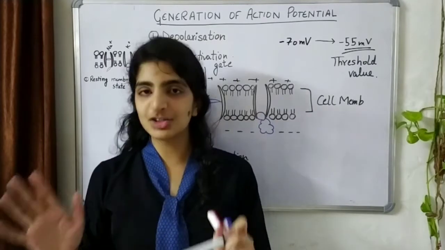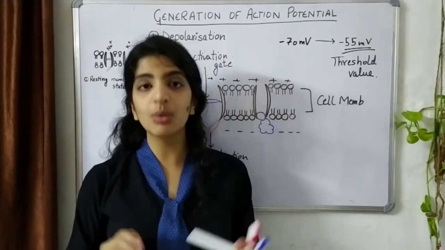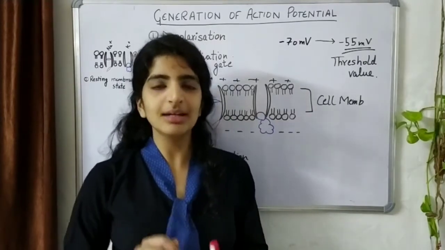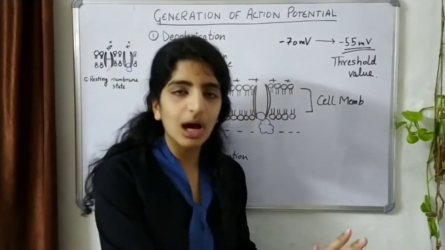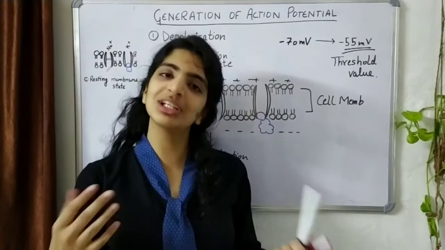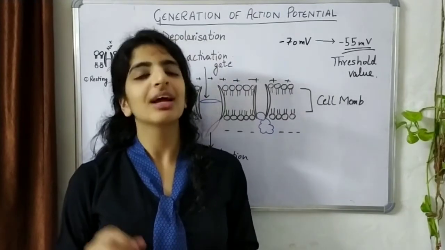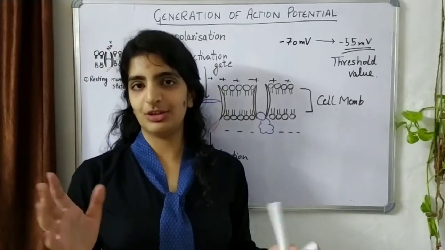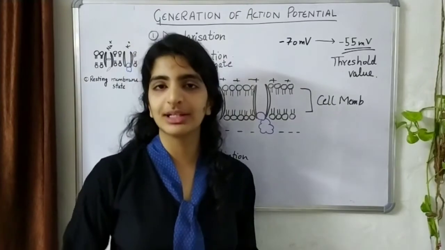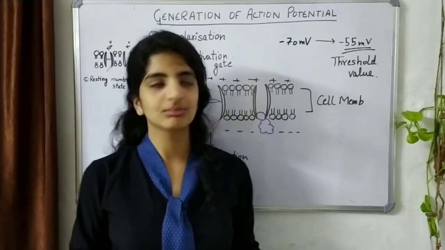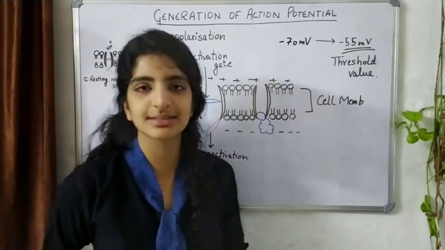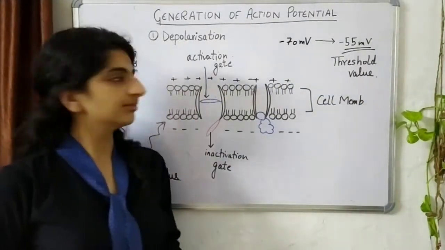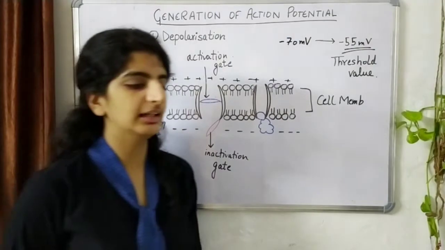If it is large enough to make you move out from your couch, it means that it is the threshold. You will go out and an action potential is generated. However, if it was like a spoon or a pen falling, you didn't care. The cell will not care if it is anything below this. So now what will be the change that will occur in the cell?